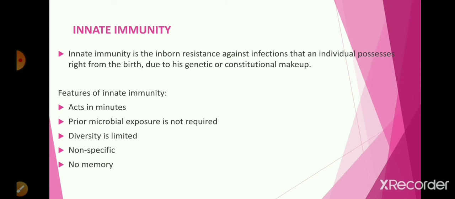So the next feature is non-specific. The innate immune system is non-specific for the microorganism. They just know that these are pathogens and we have to kill them and eliminate them from our body system, and they do not respond according to specificity. Whereas the adaptive immune system is specific, it knows what this microorganism actually is, whether bacteria or viruses, and what kind of antibody we have to form.